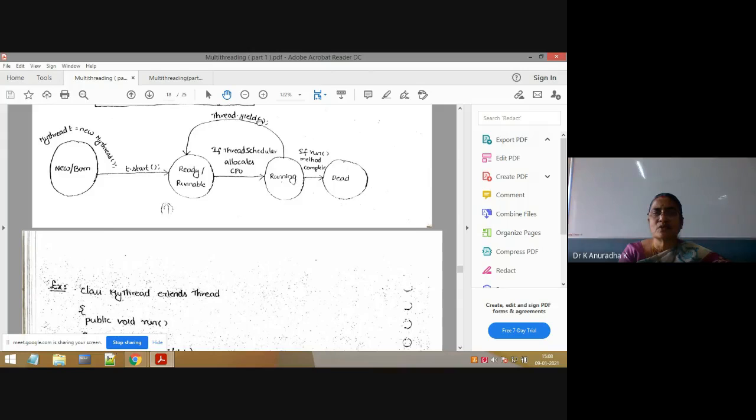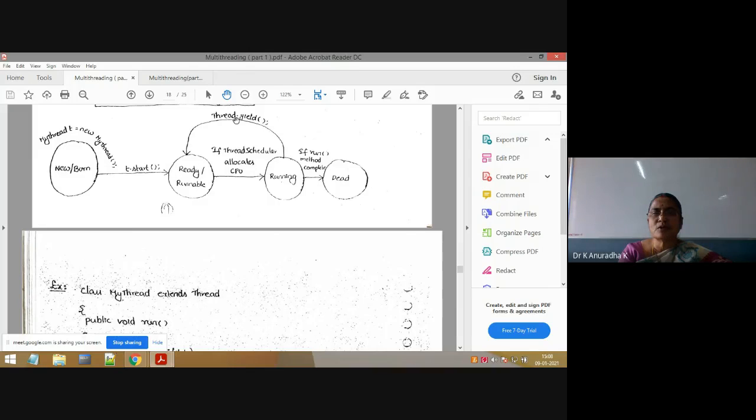So the purpose of the Thread.yield method is giving a chance to the remaining waiting threads of the same priority. That's why this currently executing thread is going to the waiting queue, using Thread.yield.